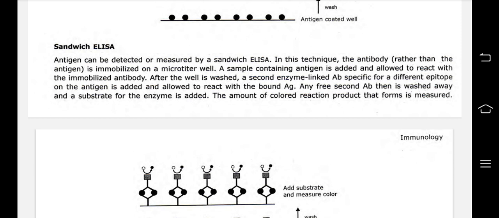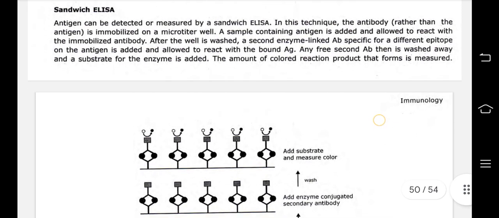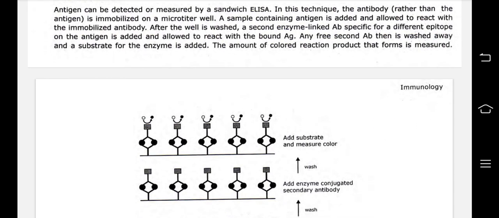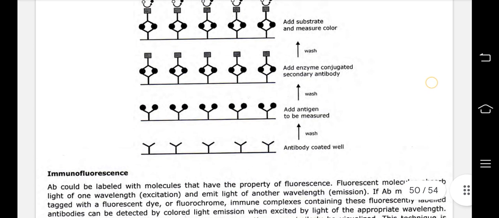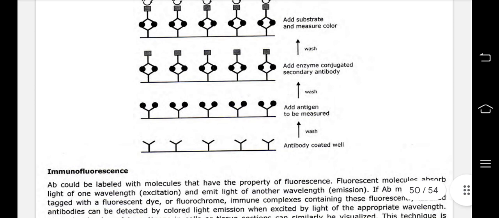Any free second AB then is washed away and a substrate for the enzyme is added. The amount of colored reaction product that forms is measured. Antibody coated well, wash, add antigen to be measured, wash, add enzyme conjugated secondary antibody, again wash, add substrate and measure color.